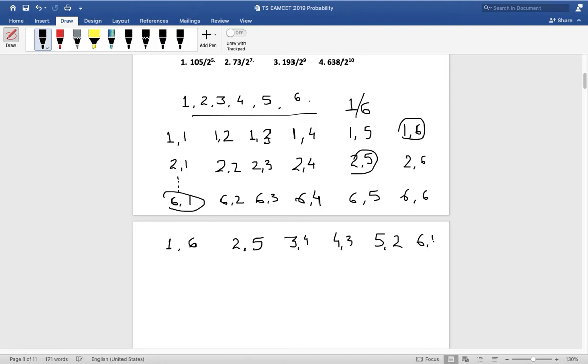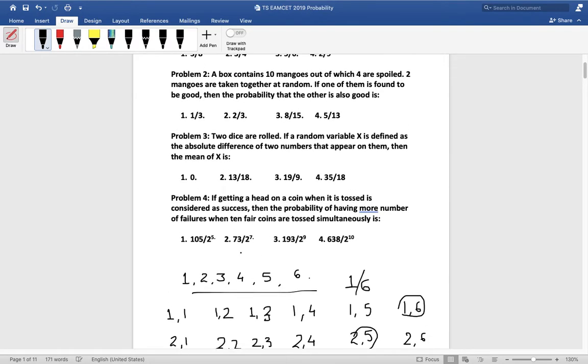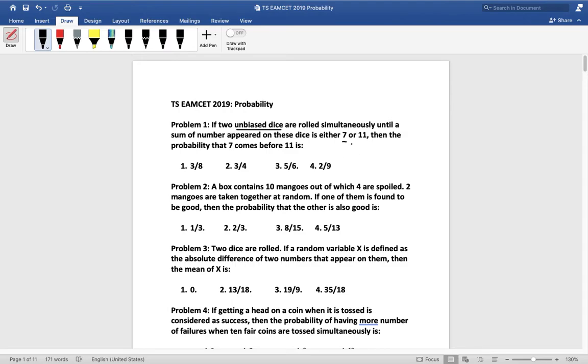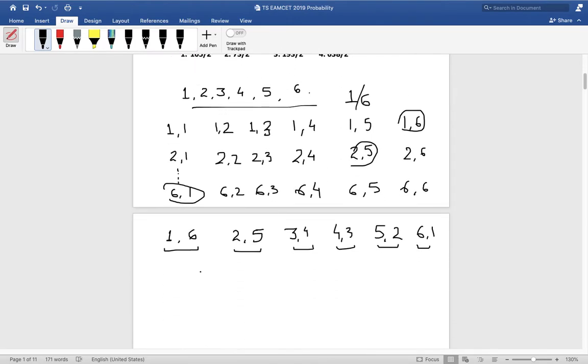These are the only cases when the sum of the faces of the two dice will be equal to 7. And what will be the cases for 11? 11 will be just 5 6 and 6 5. That's it, only two.